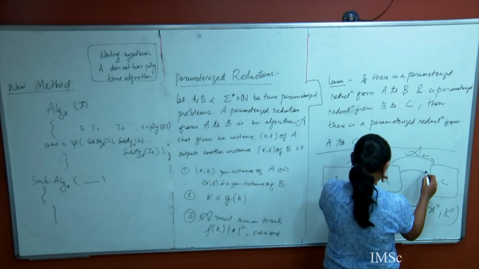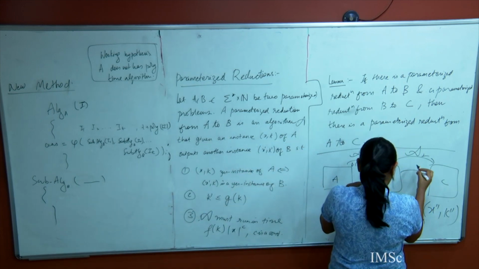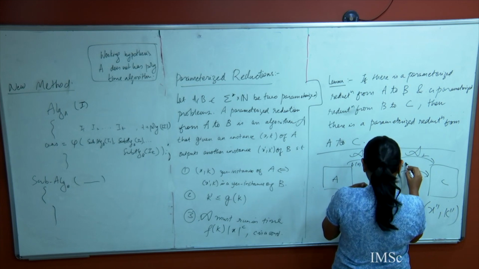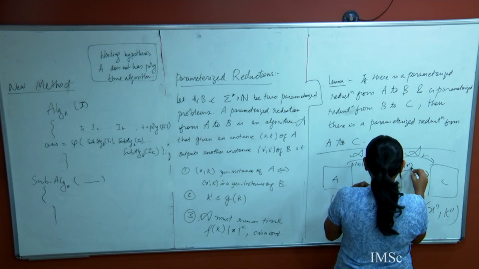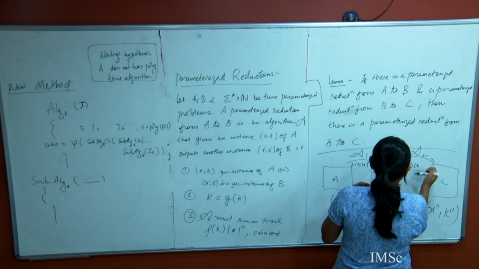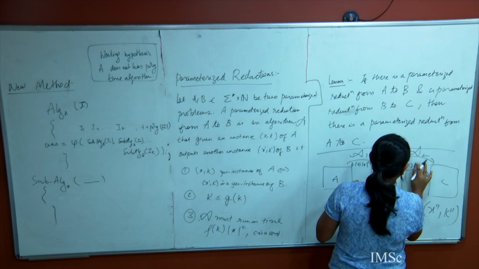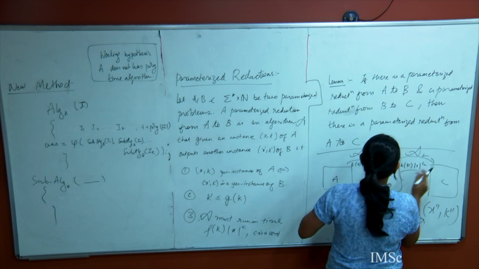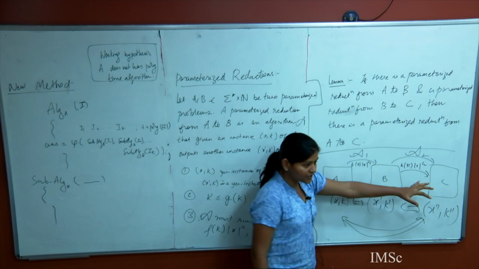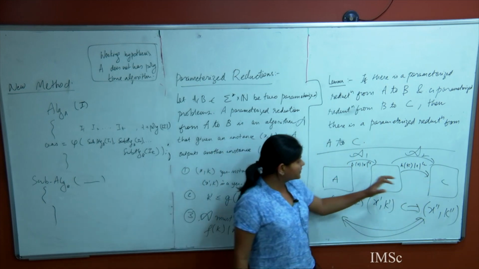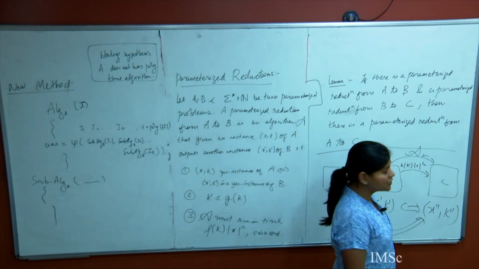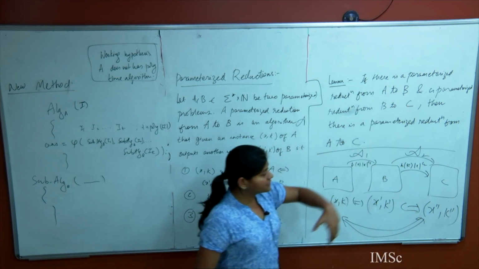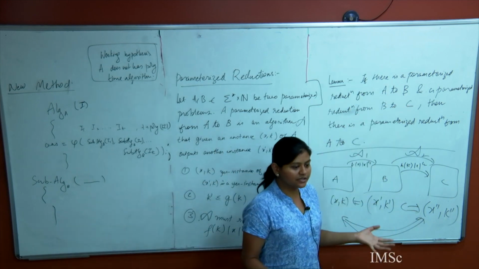Here you spend time some h of k prime times size of x prime to the power c2. Now if you compose these two things, you will obtain that indeed it's an FPT algorithm. So these parameterized reductions are transitive.